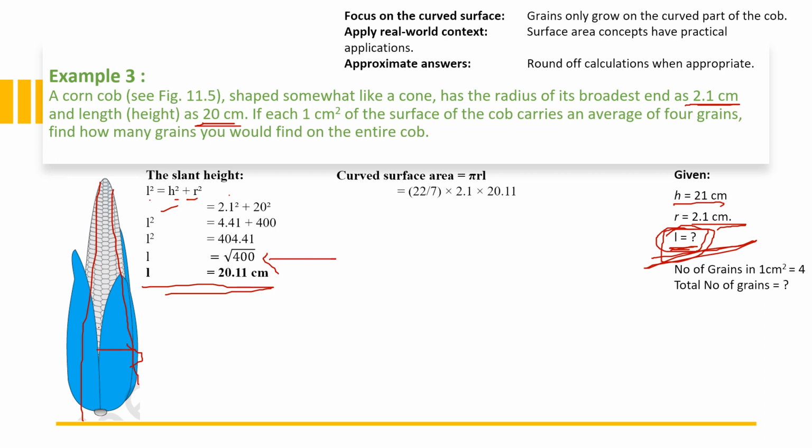Now let's do the calculations for the curved surface area. The formula is pi r L. Pi is 22/7, radius is 2.1, and the slant height we just calculated is 20.11. 7 threes are 21, so it becomes 0.3.